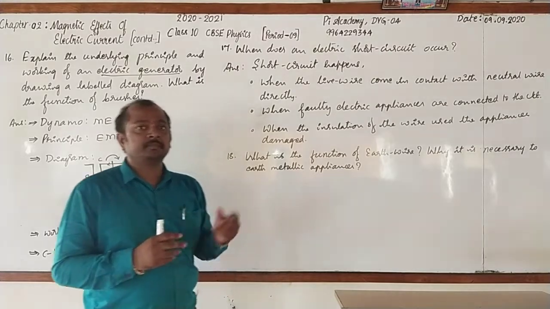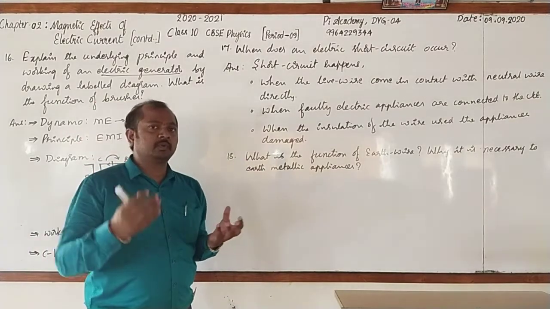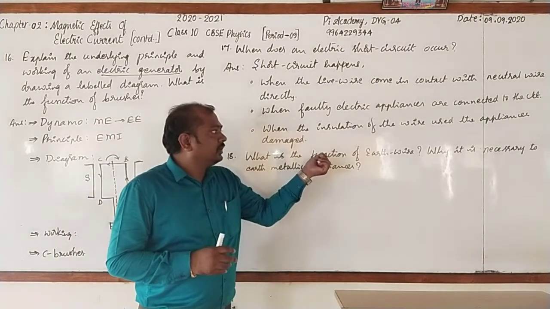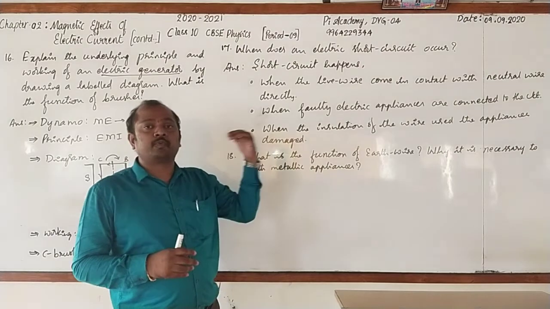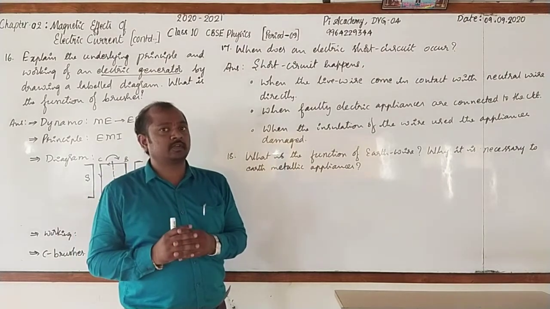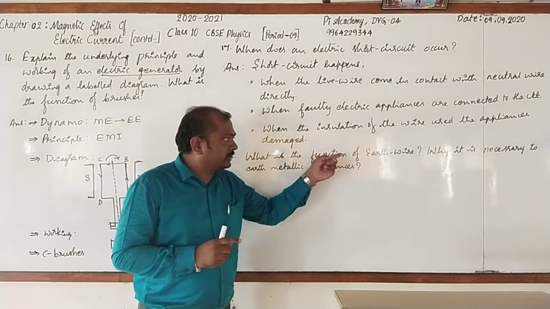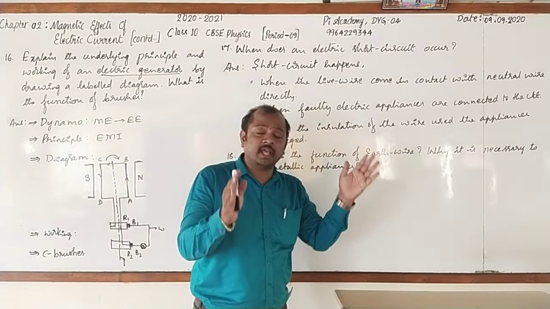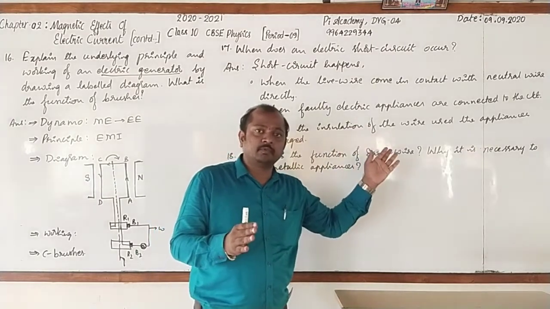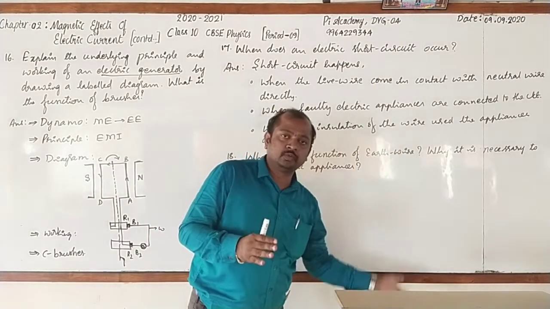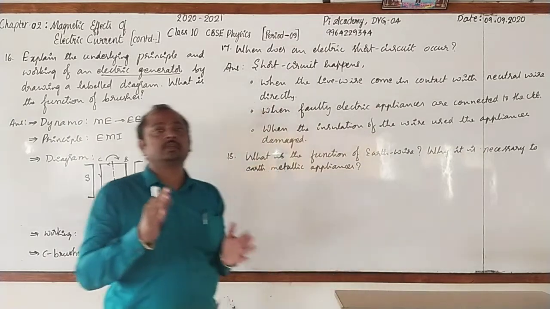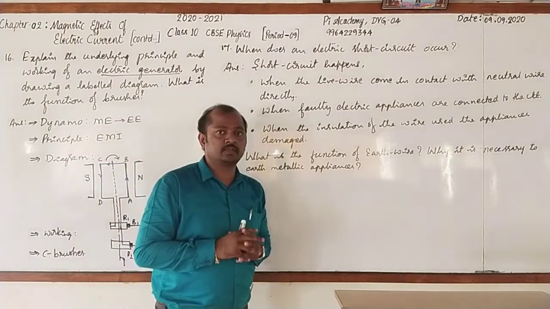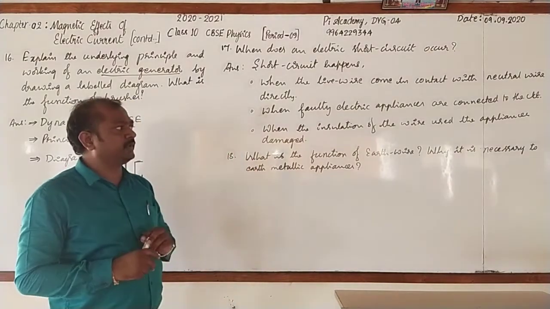The reason is, in the metallic body, whatever metallic electrical appliances will be there, when an excess amount of electric current flows through them, there is a chance of short circuiting, and if they are connected to the earth wire, then this earth wire will transfer this excess amount of electric current from the metallic body to the ground, so that it protects the appliances from short circuit. Clear? That's the main function.